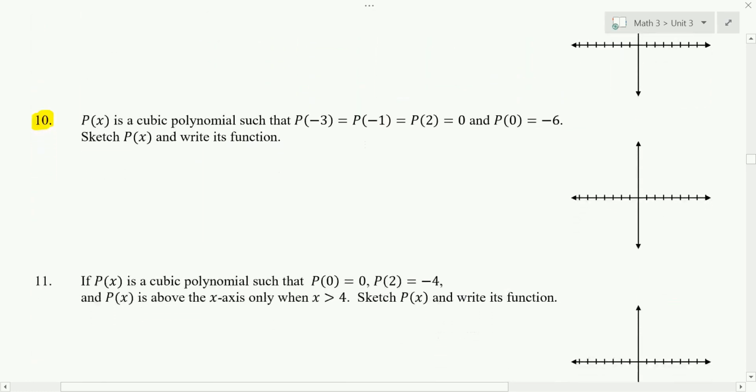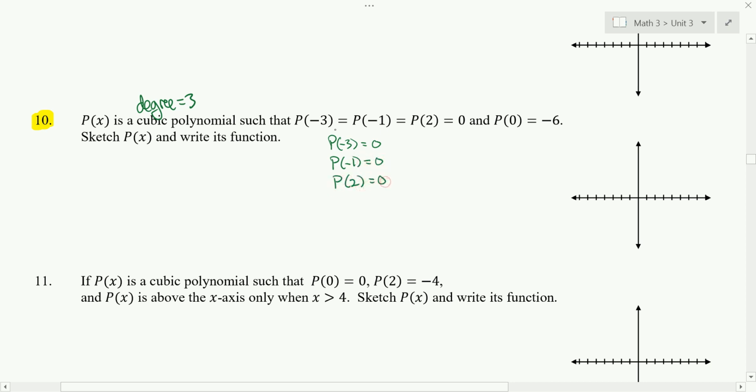Number 10, our polynomial p of x is a cubic polynomial, so that means the degree should be 3, such that p of -3 equals p of -1 equals p of 2 equals 0. So p of -3 is 0, p of -1 is 0, and p of 2 is 0.